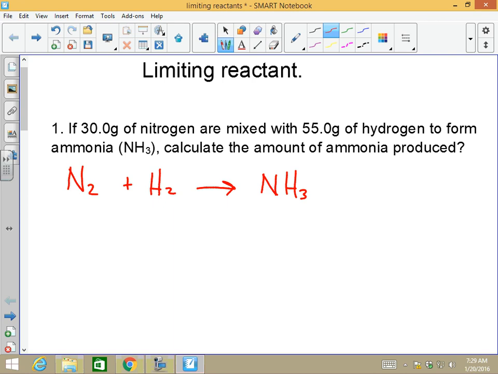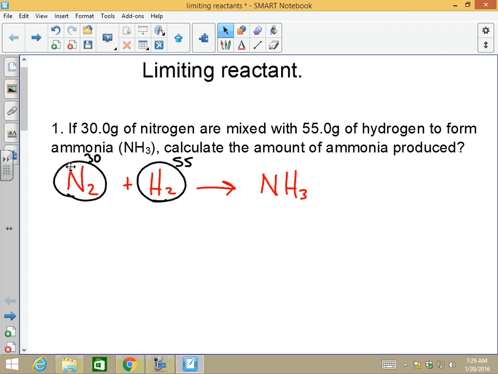Unless you have proper specific numbers, something will be left over. You have 30 grams of N2 and 55 grams of H2. The very first thing we'll do is find the moles of both of them based on the masses given to you.